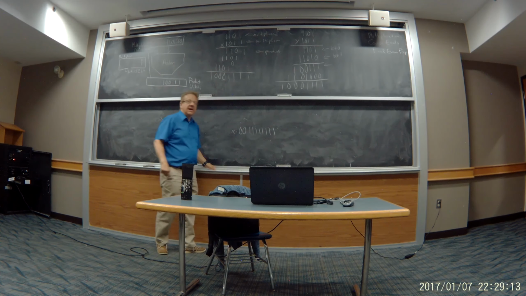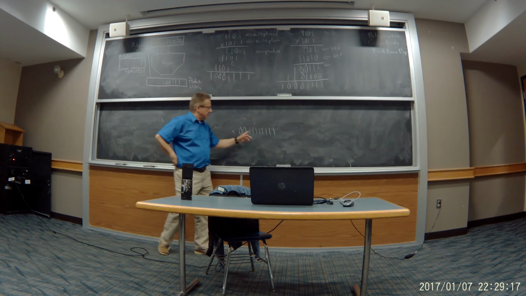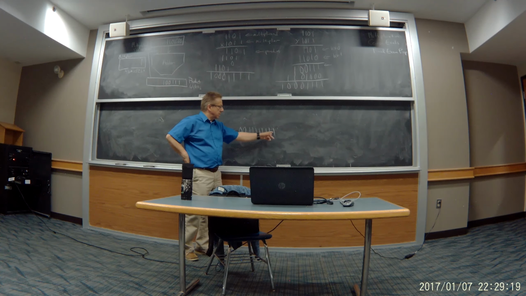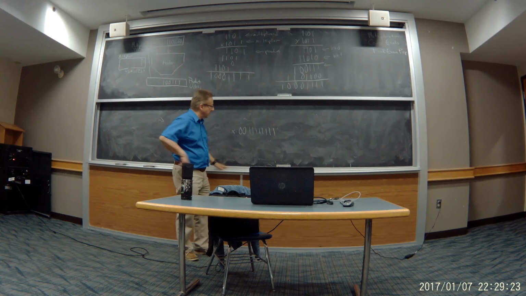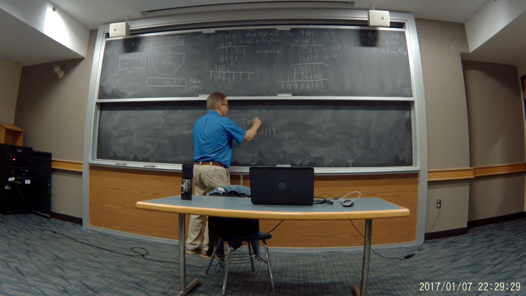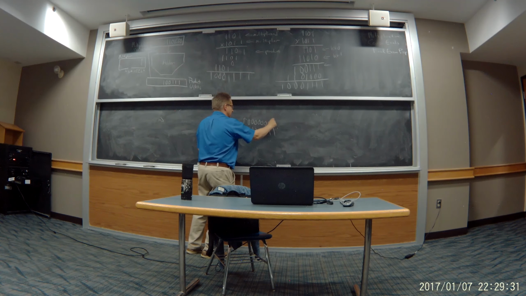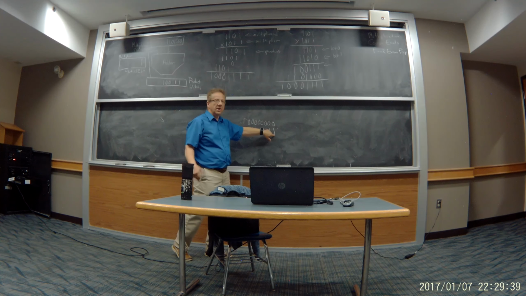If you're multiplying a number by that multiplier, you'd have to be adding in the value a whole bunch of times. Well, there's an optimization called Booth's algorithm that would say, let's translate this into 1, 0, 0, 0, 0, 0, 0, 0, 0. So we only have to add in the multiplicand once, and then we just subtract it once just to make it so it all works out.